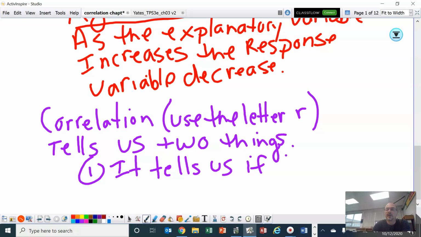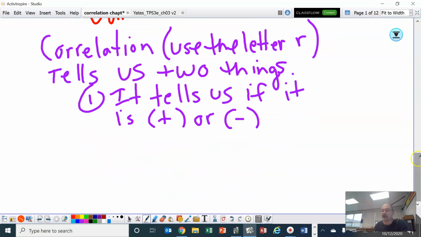It tells us if it is positive or negative. Obviously, if the number is positive, the dots are rising. If the correlation is negative, the dots are falling.